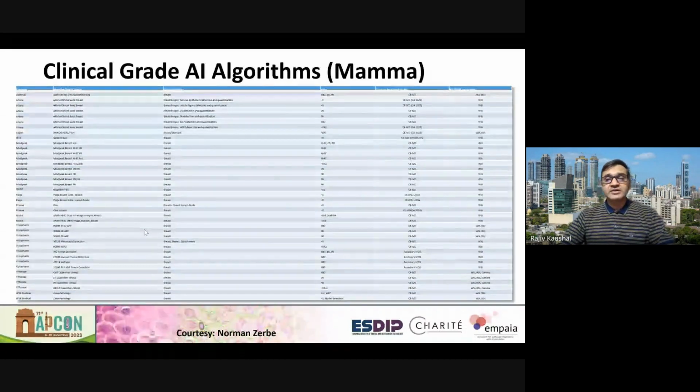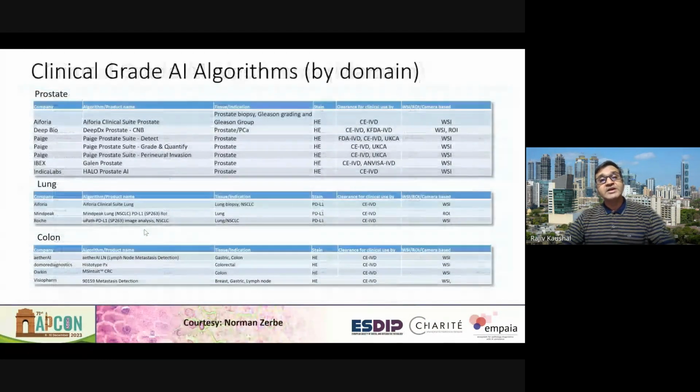And I apologize for the small fonts, but I just want to say that there are many models out there, and the majority of them are developed in the breast, and some in the GU, or for the prostate, lung, and colon cancer.